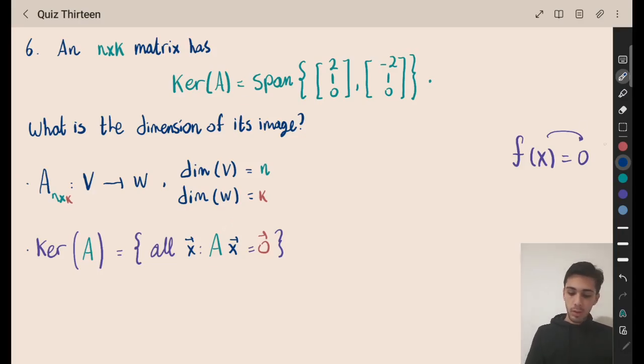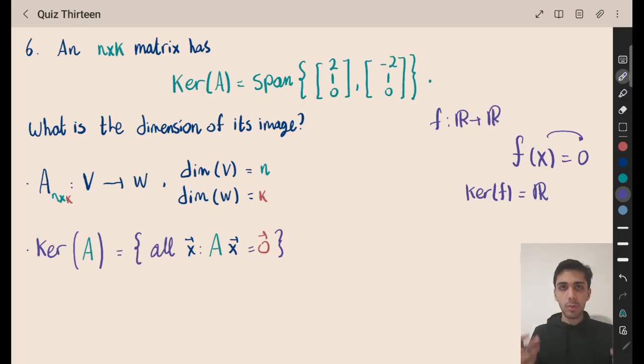For example, here, the kernel of f is all real numbers. If we assume that f is a map from R to R, then this map has the kernel, which is the whole space. But this is a very extreme example.